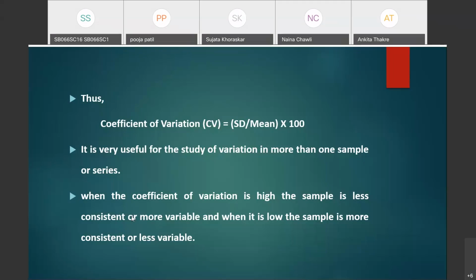Variation is more in that particular sample. The other sample, which has the lower value of coefficient of variation, is more consistent and less variable. That is how the coefficient of variation is used to compare two samples. When it is high, the sample is less consistent or more variable, and when it is very low, the sample is more consistent or less variable.